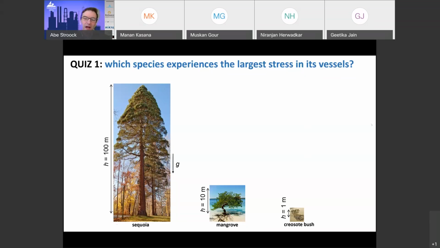So why sequoia? Anybody say why sequoia? It's the largest.